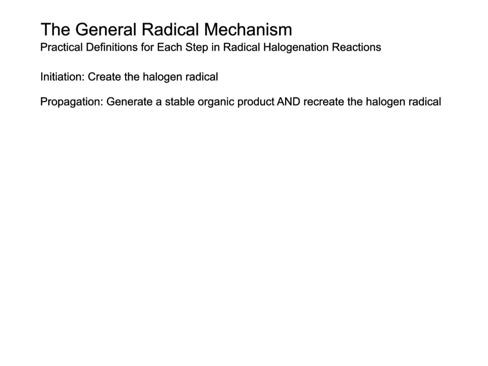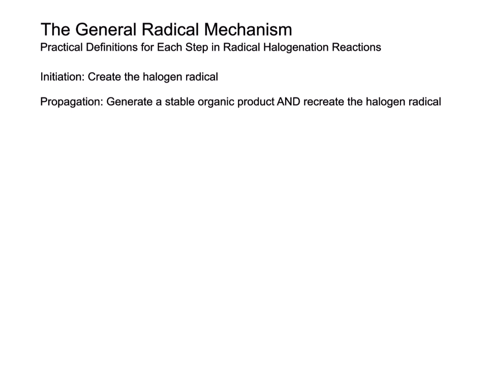They tend to make a lot of mistakes because they're not quite sure what to do. The end goal of propagation is to generate a stable organic product and recreate the halogen radical. That way the reaction can keep on going again and again and again. That's why it's called propagation.